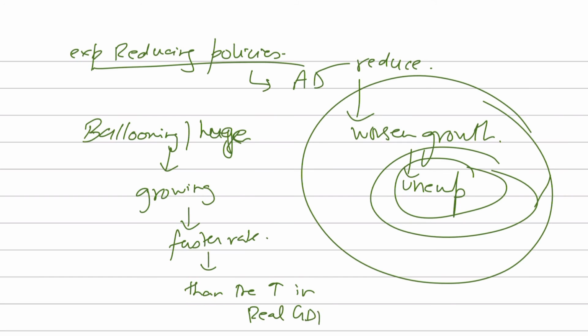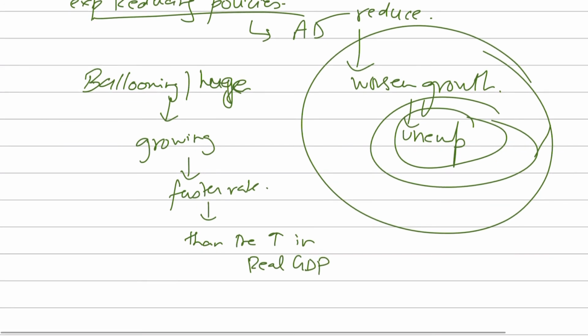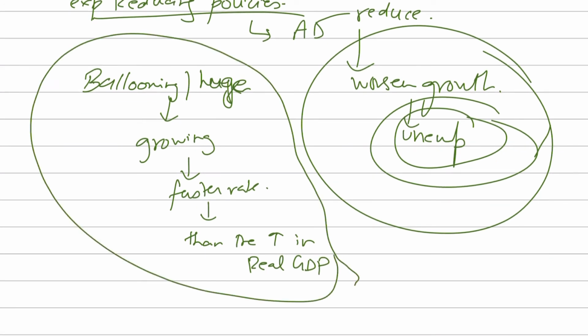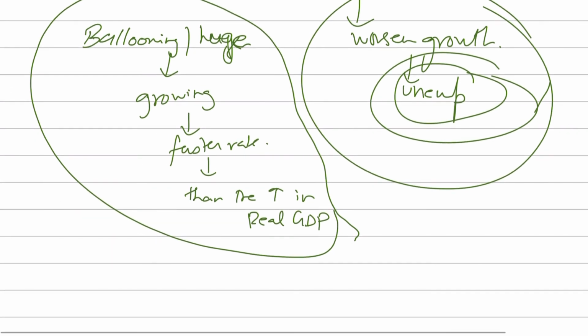So in that case, what is going to happen is, we know that even if the deficit is huge and that increase in deficit is greater than the rate at which the GDP is growing.